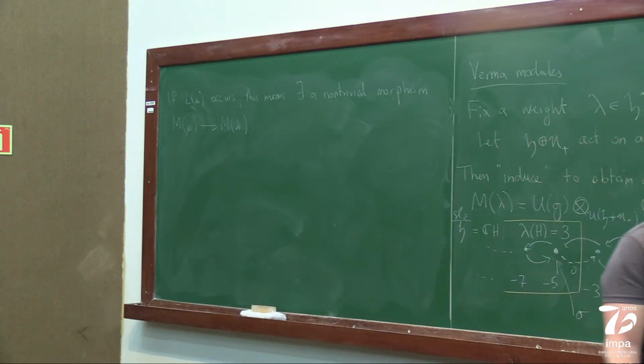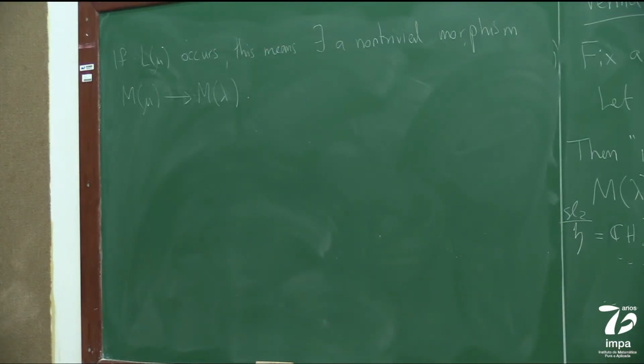Okay, so that's really our question. For which pairs lambda and mu do there exist morphisms from M mu to M lambda?